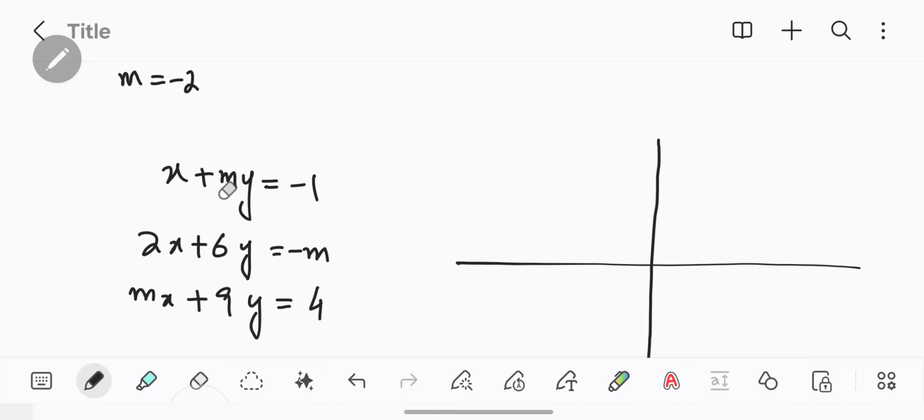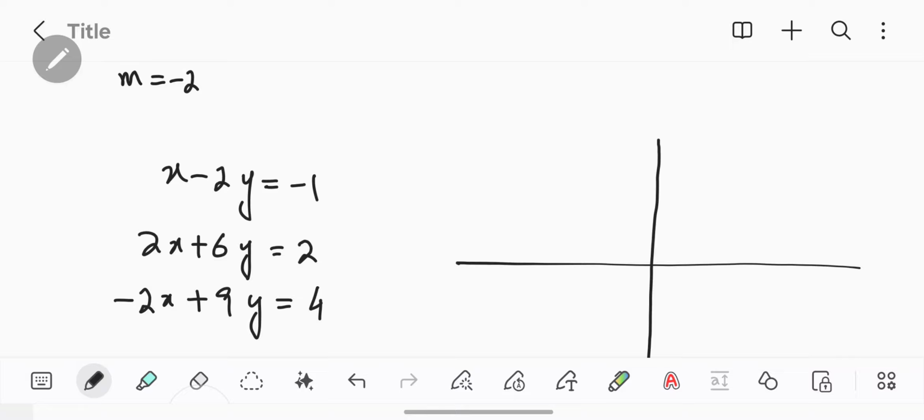For example, here I will plug m is equal to minus 2, and here I will also plug m is equal to minus 2, so it will become plus 2. Here I will also plug minus 2. So these are three different lines.